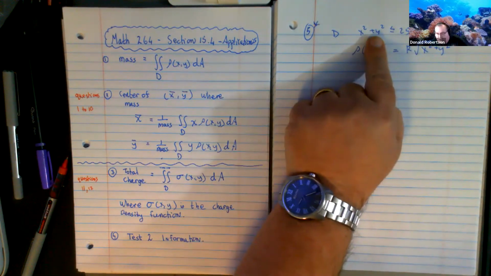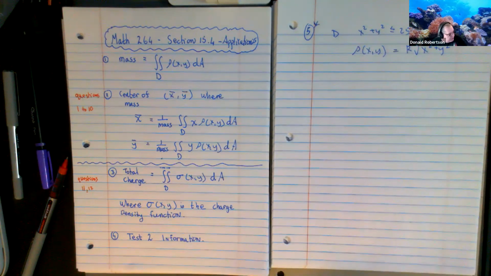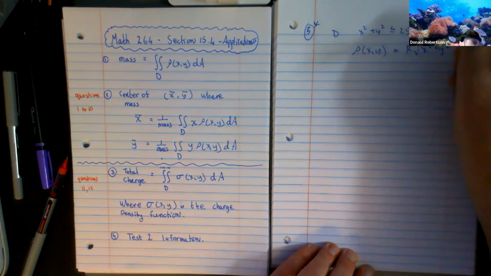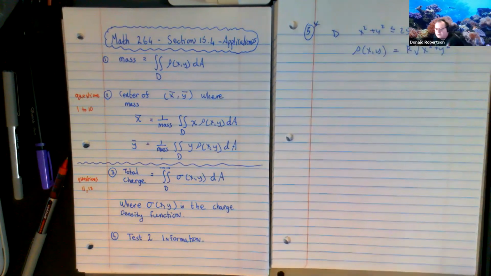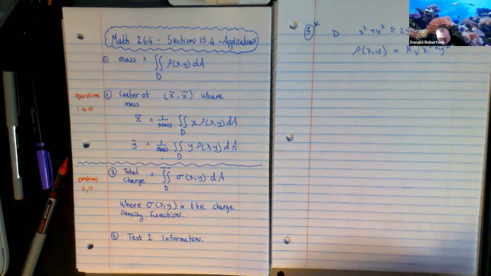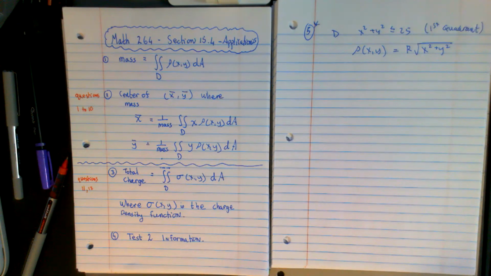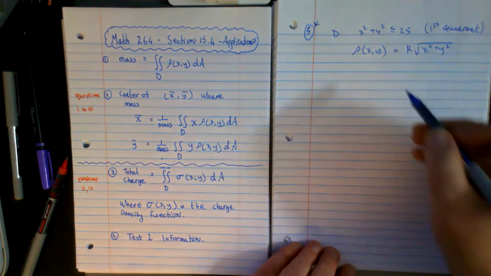The region D is very nice, except I should have paid attention that it's only in the first quadrant. Have we done that guy yet? Looks familiar, but we've done lots of. Would you agree this one's going to be polar? Is that an R or a K in front of the square root?